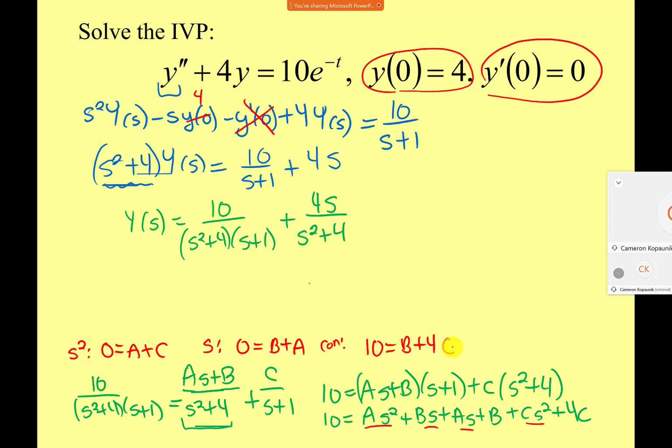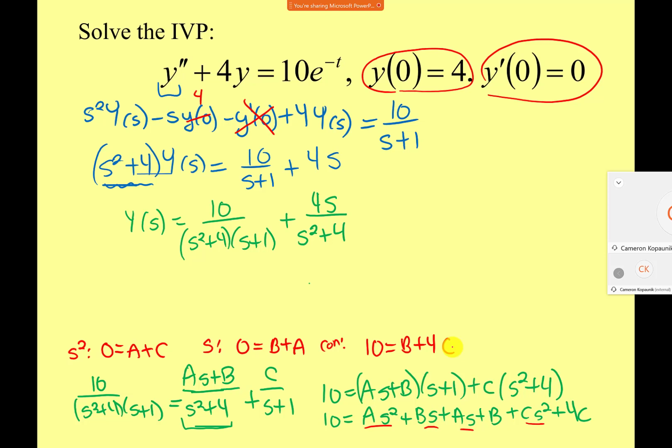Now we need to do some kind of substitution or elimination, some way to find A, B, and C. Probably the easiest thing, I think, is to solve for C and B in terms of A using the first two equations and then substitute them in the second.